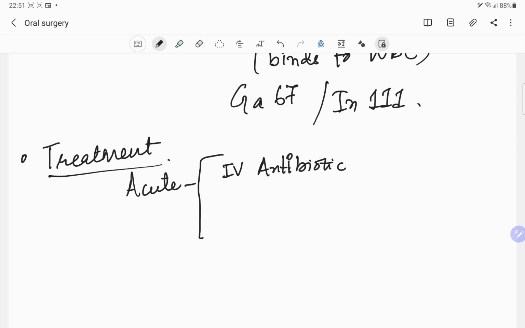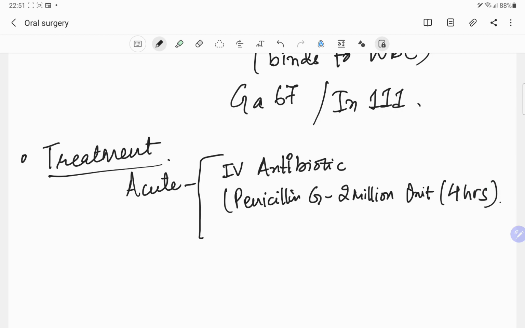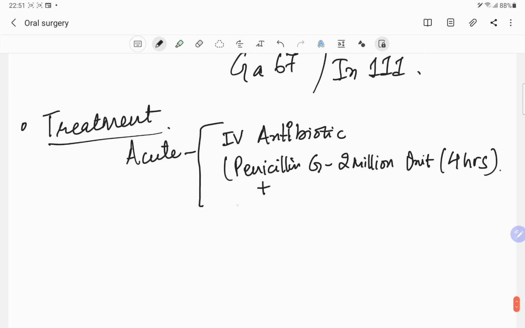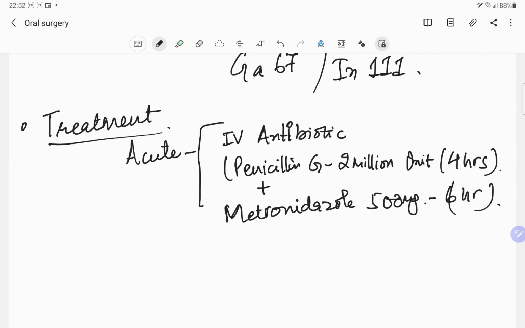Most of the time we give penicillin G 2 million units, which we give IV every 4 hours. This penicillin is for Staph aureus, right? Along with that, there are anaerobic bacteria also. For that, we give metronidazole 500 mg. This also we give IV, 6 hourly.